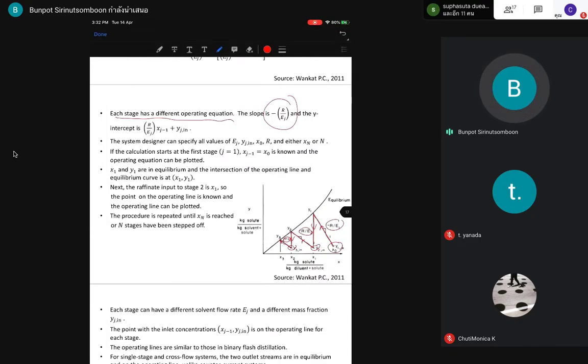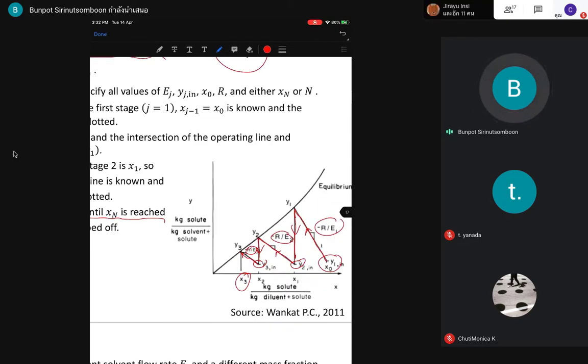So the procedure is repeated until xn is reached. This is our xn here, the final composition. So in this example, they have 3 stages.